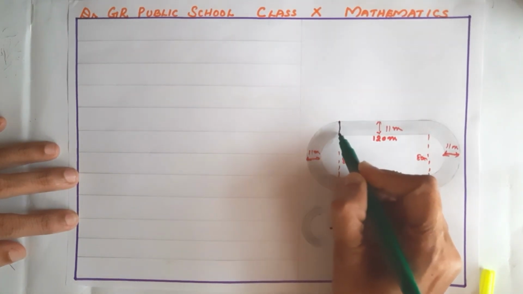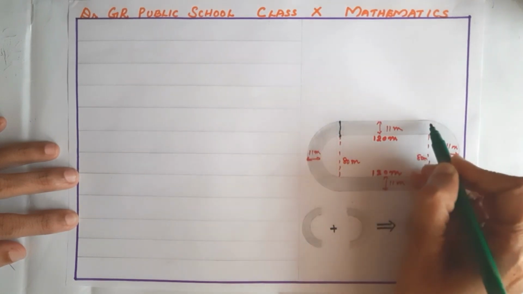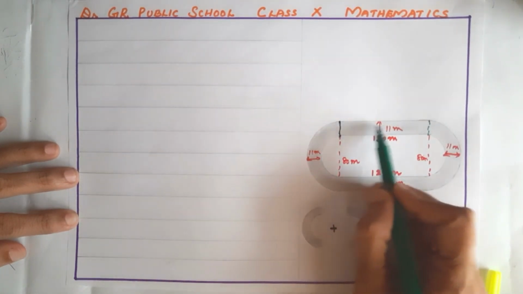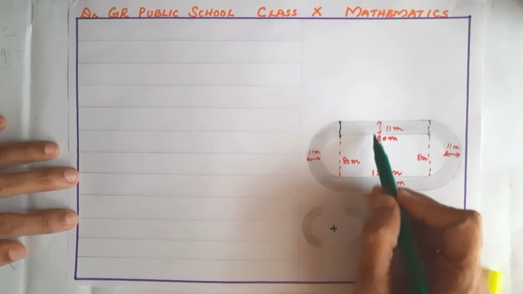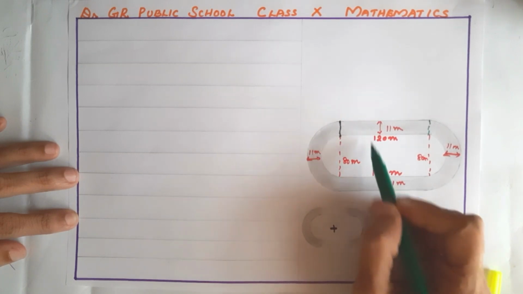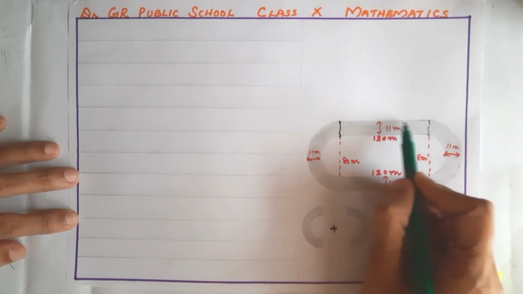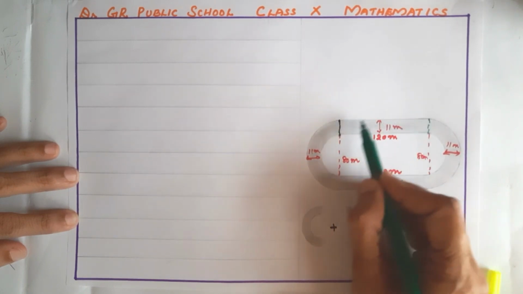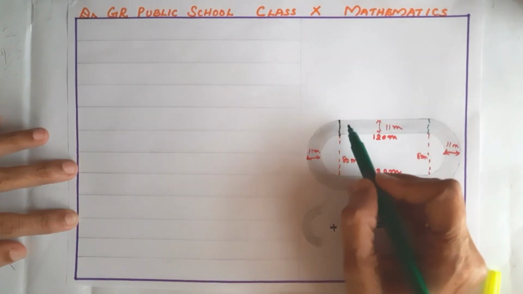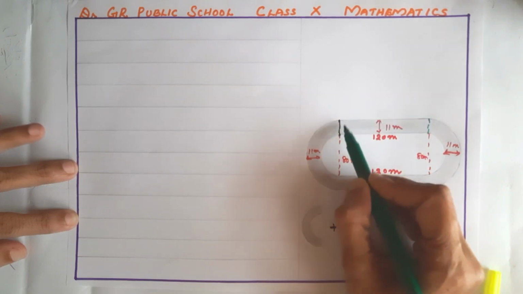See here I joined, and here also I have joined. So what is this figure? The lines at these edges are parallel. It is given, isn't it? So what is this figure? It is a rectangle, isn't it? So this much is a rectangle.